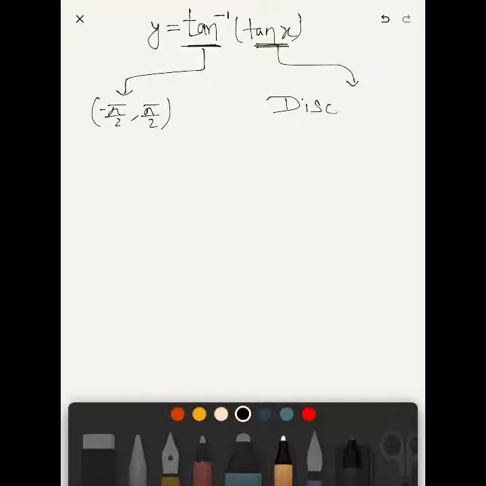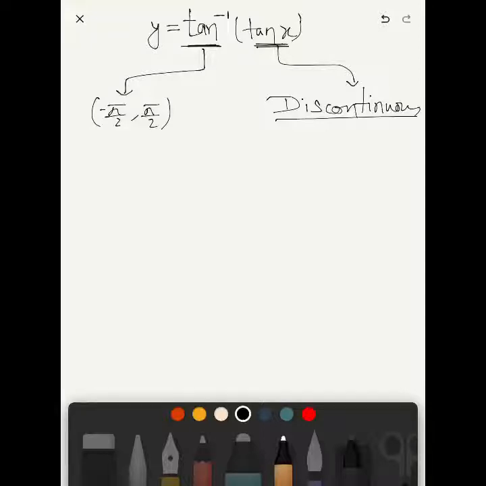This is continuous, isn't it? This is discontinuous. So what you will do, you will break the graph, isn't it? In the previous case we were folding the graph, but now we will break the graph and start from the other boundary, okay.